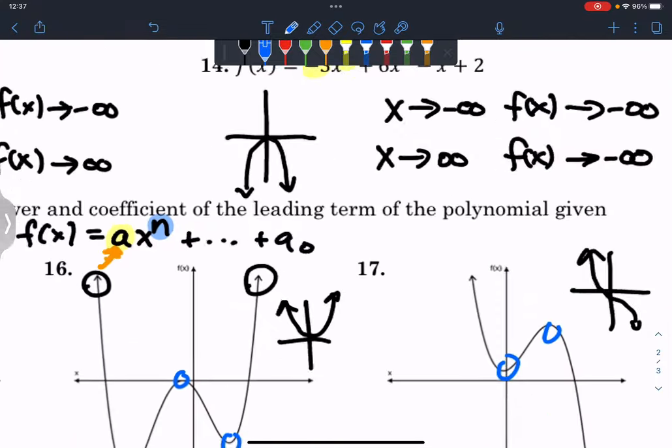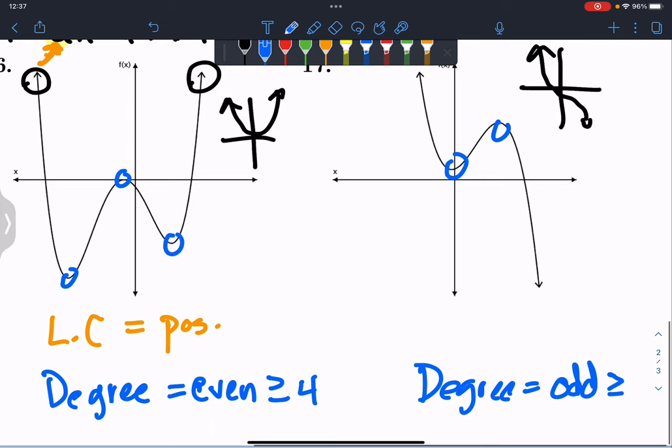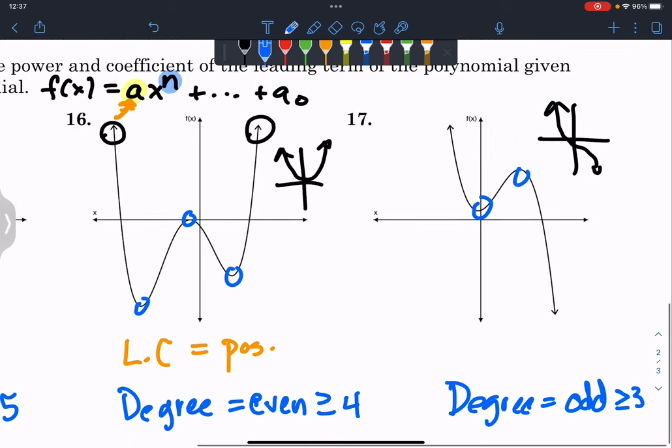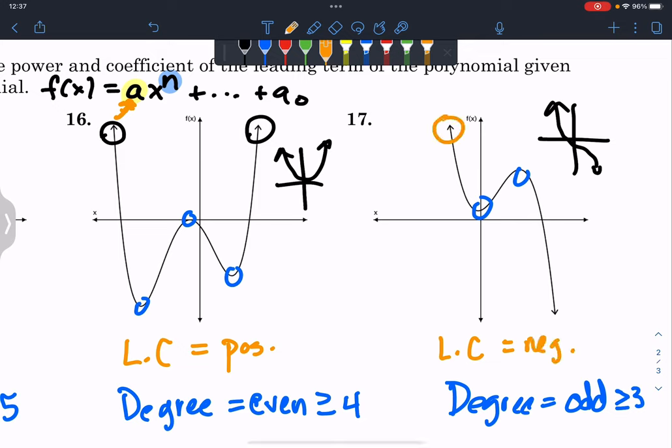Let me zoom in. That's greater than or equal to 3. And the leading coefficient, this value of a, has to be a negative number in order for this end to be up and this end to be down, again in order for it to have the same end behaviors as this power function here. So that would be the answer. Your leading coefficient would have to be some negative number, and your degree would have to be an odd number greater than or equal to 3.